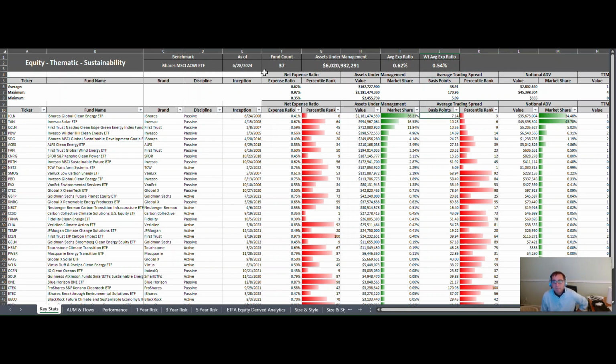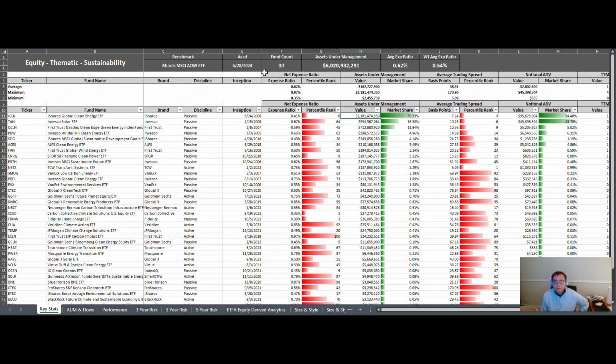This tab comes pre-sorted based on the size of the funds.